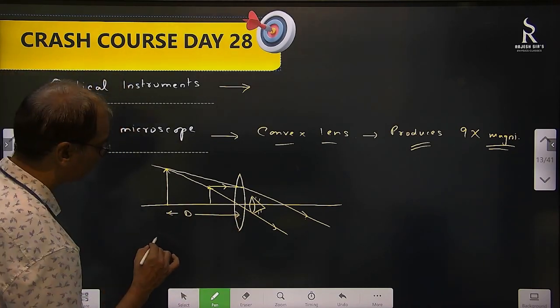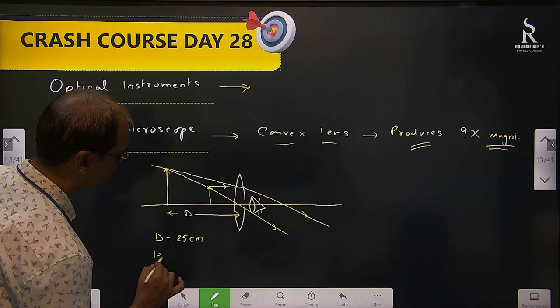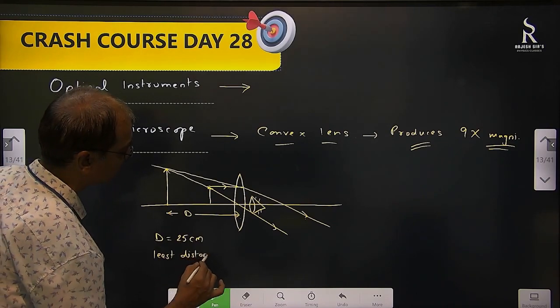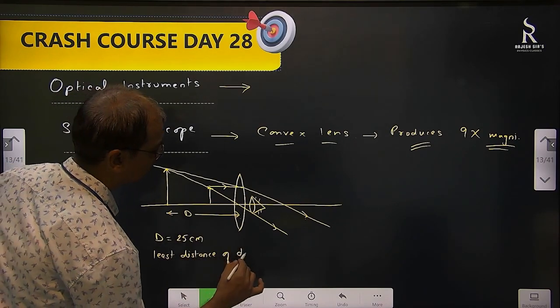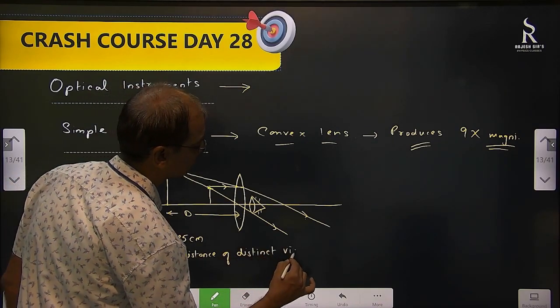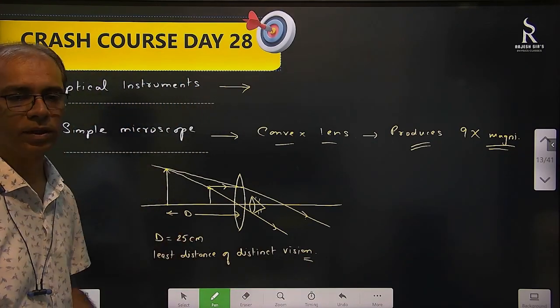D is 25 centimeters. Remember that. We call it the least distance of distinct vision. Correct?